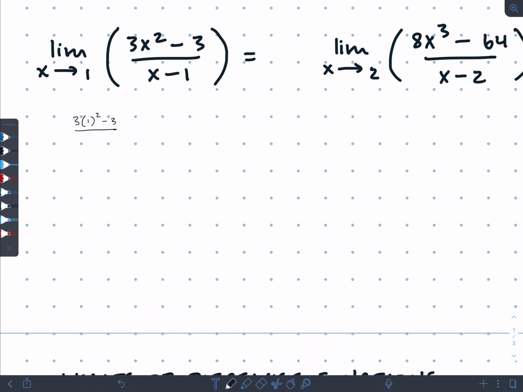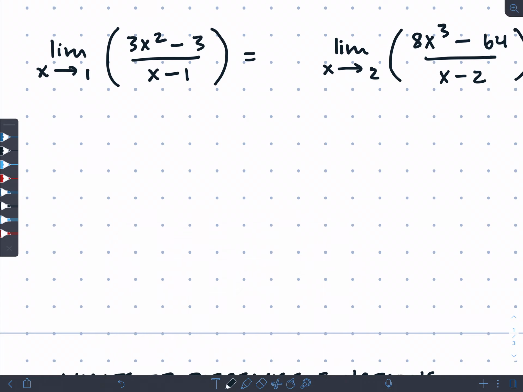If I were to plug in 1 for x in this function, we would have 3 minus 3 over 1 minus 1, and that is 0 over 0. But we can't just say that the limit is 0 over 0. All right, we have to actually evaluate it.